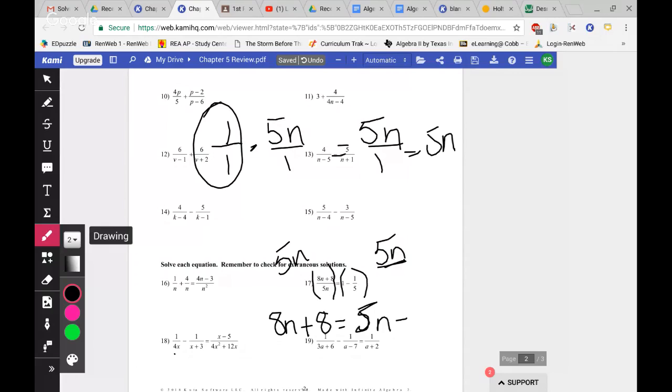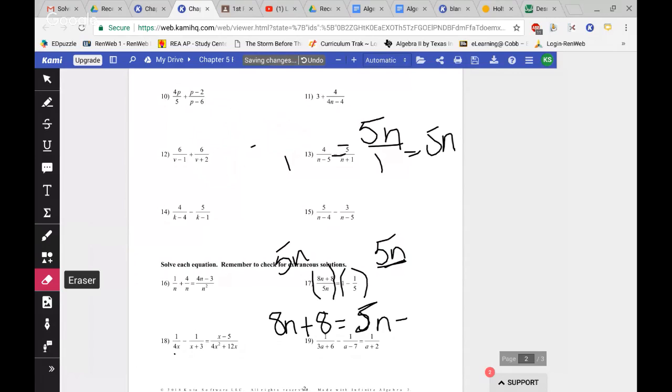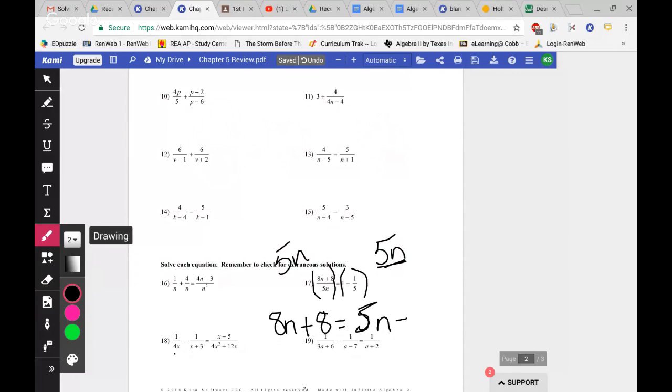And then this right here, this negative 1/5, what's going on in the background when I'm saying how many times will 5 go into 5n? It's back when we were originally doing the multiplying of rational expressions in like 5.3, I believe it was. This is what's happening. When I say multiply that by that, that's what's happening.